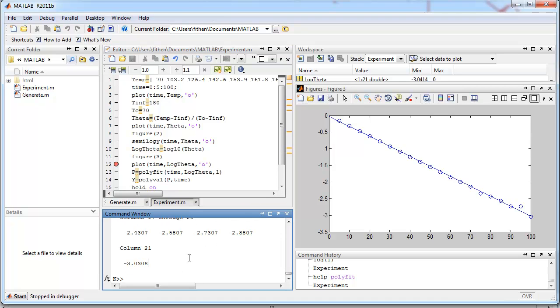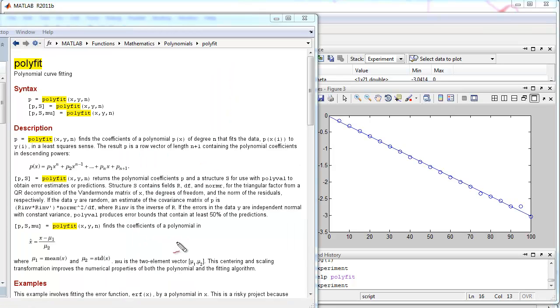So with that, what's the information I need out of here? Let me go back. I've got two values here. You have to look really close as far as the one you're mostly interested in. And it's actually pretty easy if you look at this. So from polyfit, you're fitting this.